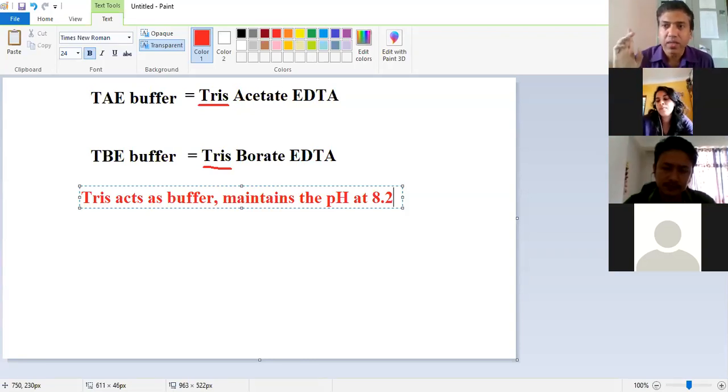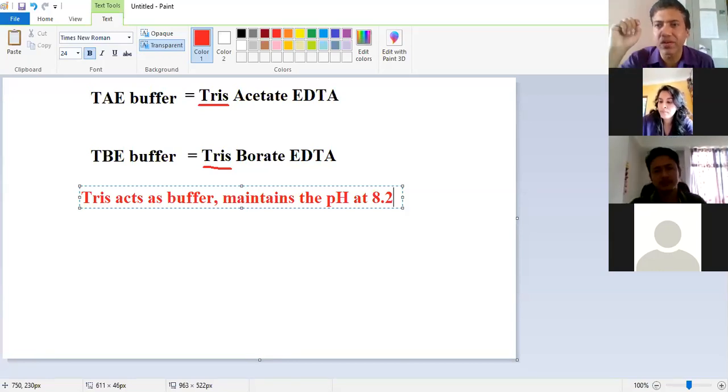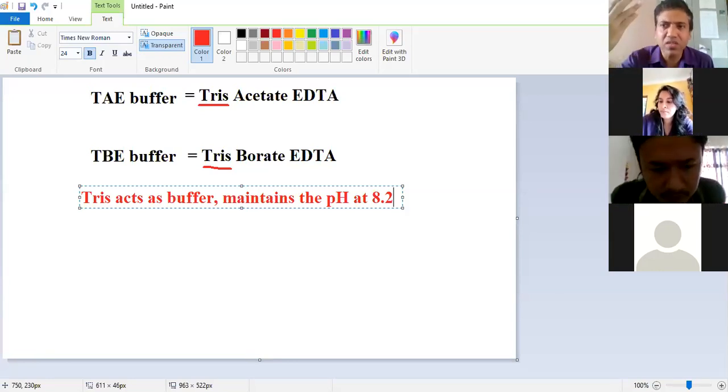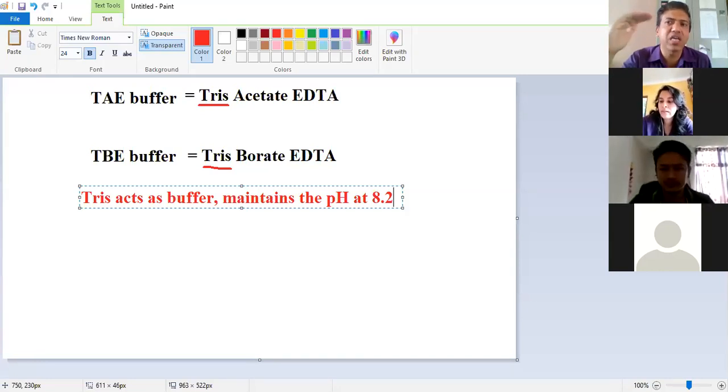That is why the pH should be 7 or more than 7. So why is the pH kept at 8? Why not 7? Because if you keep the pH at 7, there is every possibility of the pH decreasing towards the acidic side. That is why it is kept at 8. So 8.2 is the optimum, the best pH for DNA.